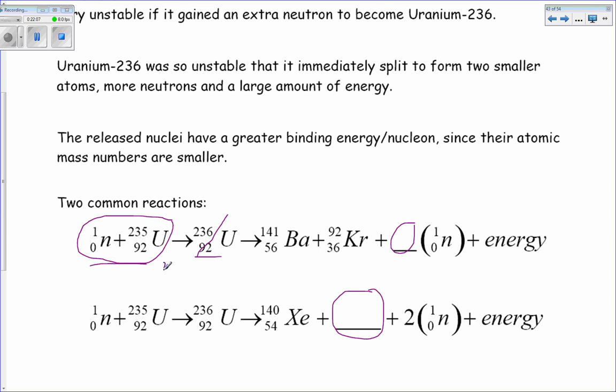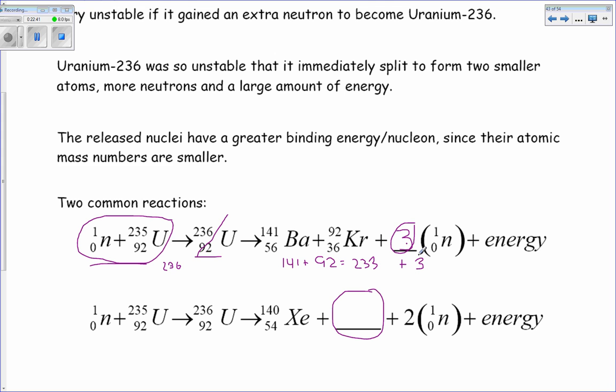So we have 236 nucleons, right? So our top number needs to be 236. On this side here, we've got 141 plus 92, and that gives us 233. So in order to make this 236, we have to have 3 more nucleons, which means we get 3 neutrons out of this, right?